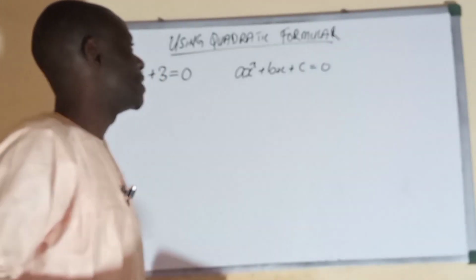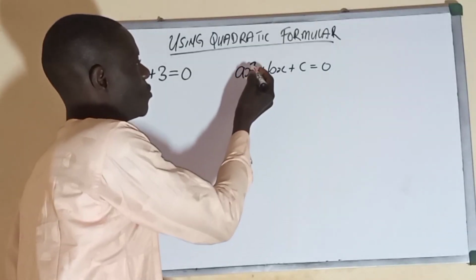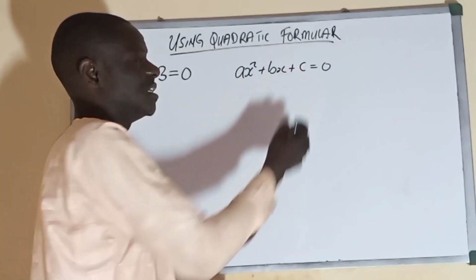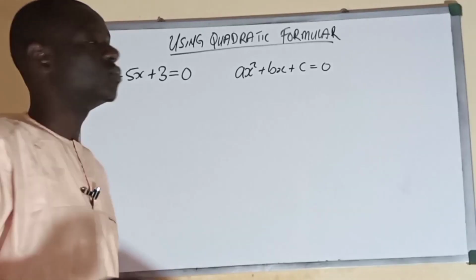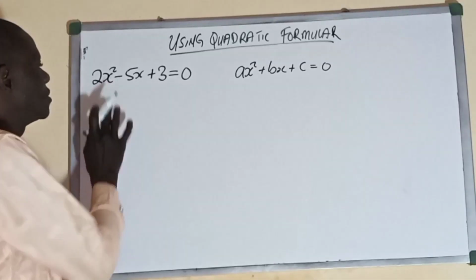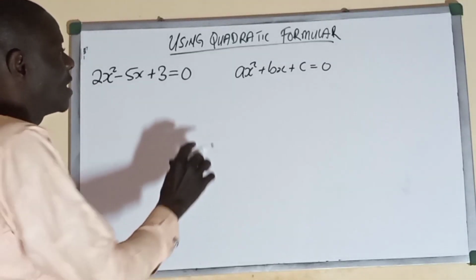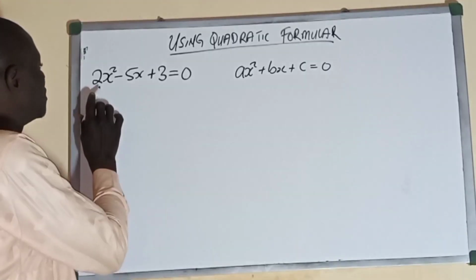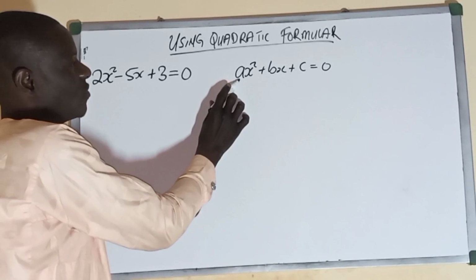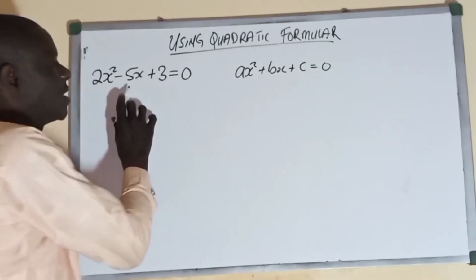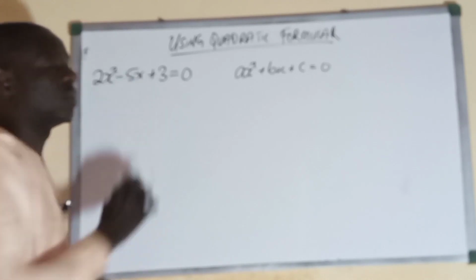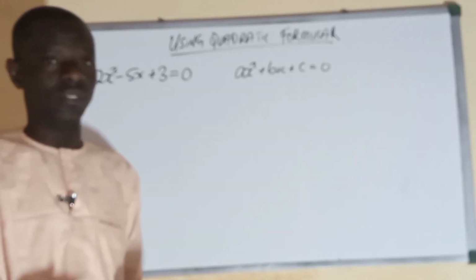Here, we normally know that a is the coefficient of x squared and b is the coefficient of x and c is our constant. So let us take a look at this equation. If we compare this one with this one, you can see these two stand for a and this b stands for -5 and this c, which is our constant, stands for what? +3. I hope we are following.